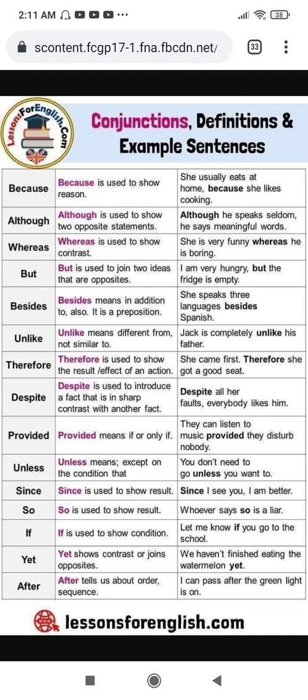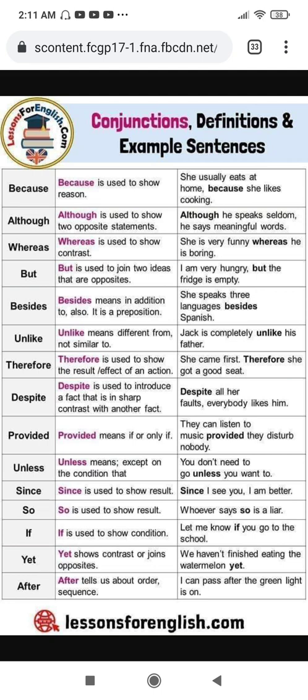After. The first part is I can pass, and the next part is the green light is on. So here after joins the two ideas and becomes one complete sentence. So here after is used as a conjunction, obviously.